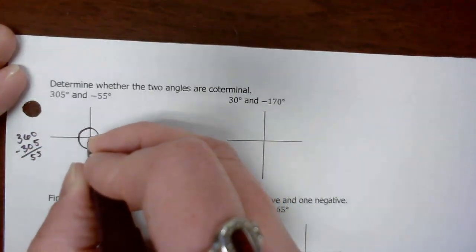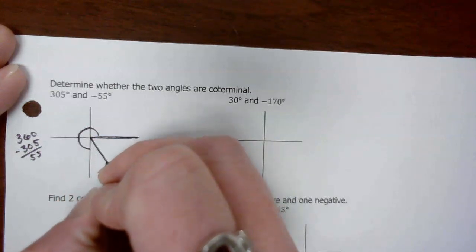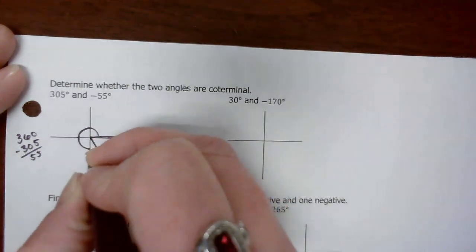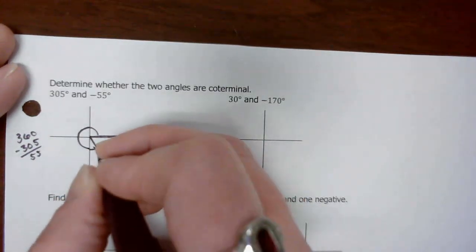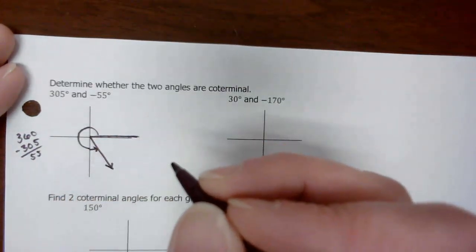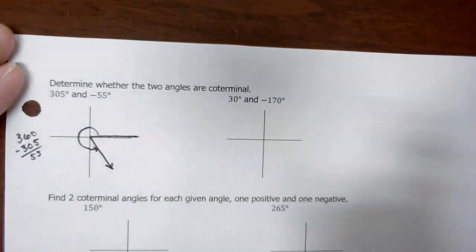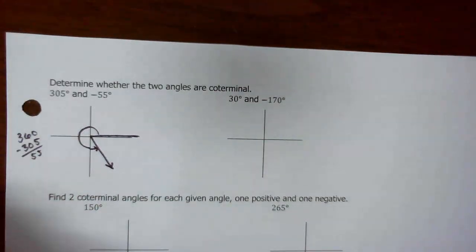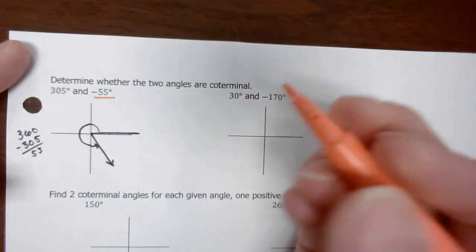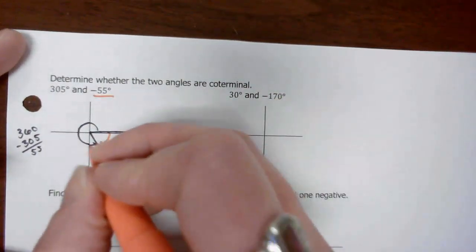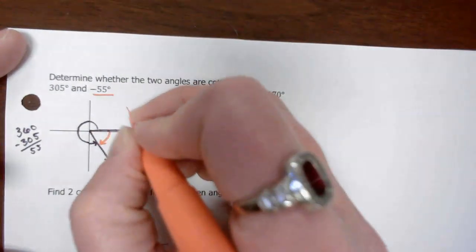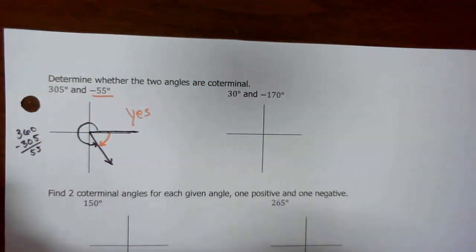So that would end about here. 360 minus 55, so this would be 55 away. Oh, but wouldn't that be what I did to do negative 55? I would go backwards 55. So those are both landing in the same spot. So this is definitely a yes.